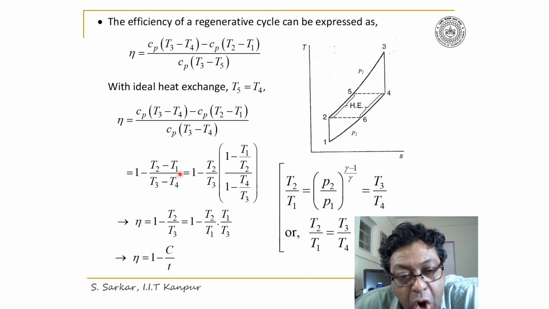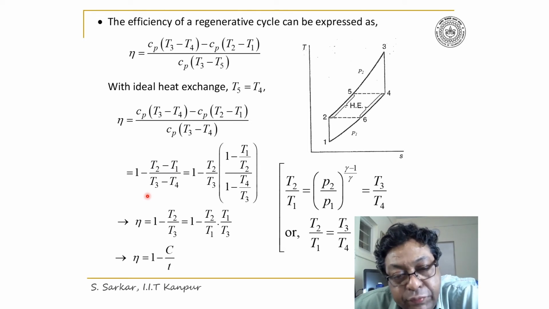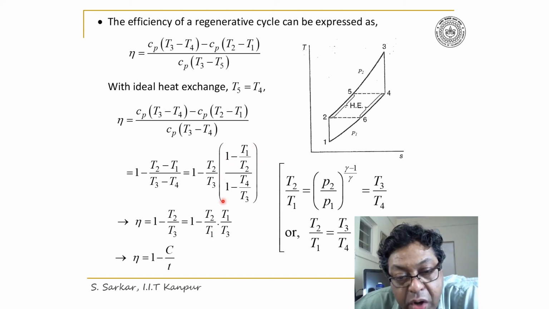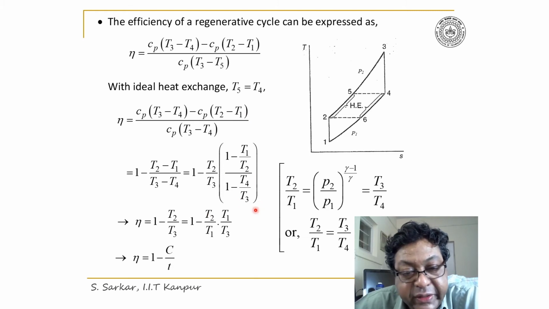Now take T2 common from the numerator and T3 common from the denominator, so it can be expressed as 1 minus T2 by T3 within the bracket (1 minus T1 by T2) divided by (1 minus T4 by T3).